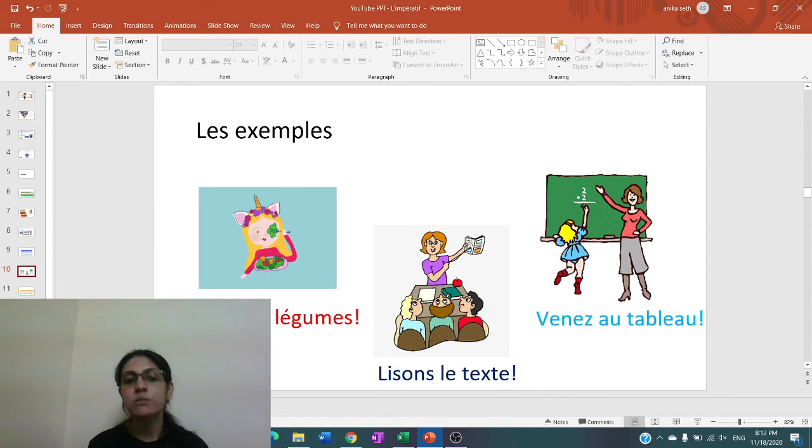It's a GER verb, but that is in the category of ER verbs only. So S is removed, then des légumes, after this an exclamation mark is added. So mange des légumes would be the imperative form of the verb manger. There is no tu, there is no subject pronoun, there is no S, but there is an exclamation mark.